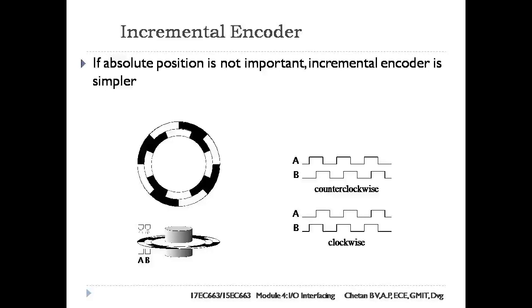As the shaft rotates clockwise, the A output signal leads the B output signal by 90 degrees. For counterclockwise rotation, A lags B by 90 degrees. The frequency of changes between low and high on each signal indicates the speed of rotation of the shaft.